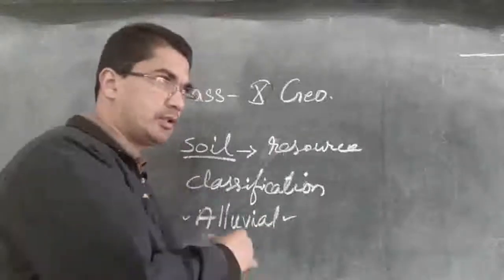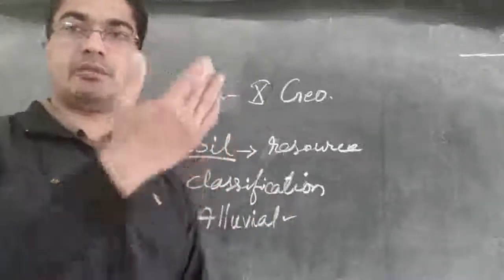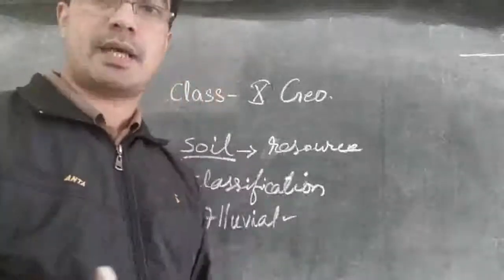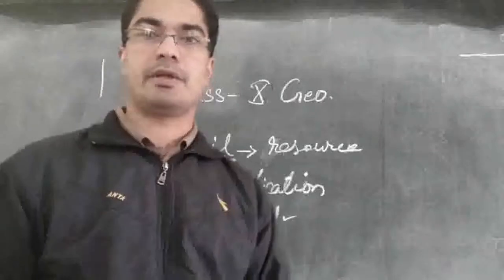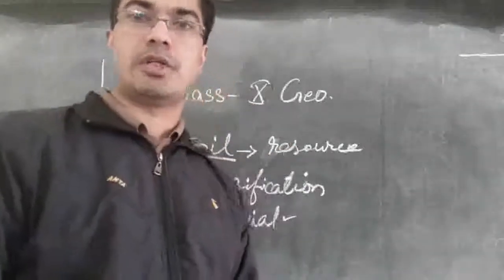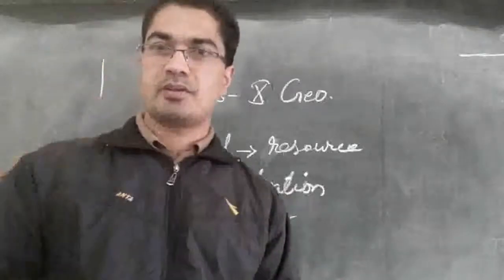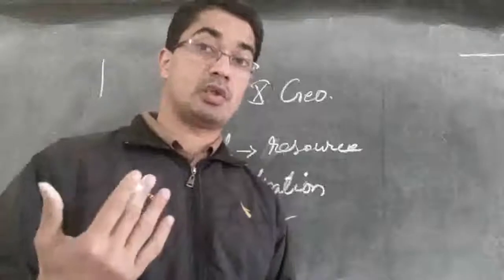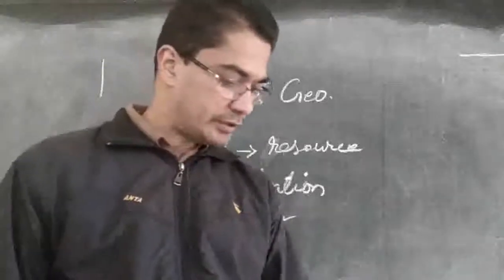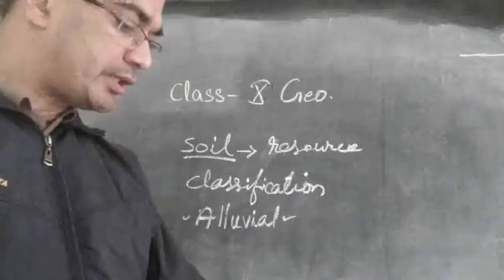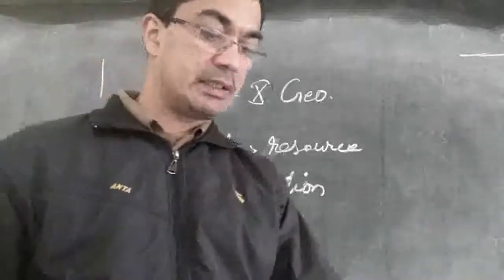So alluvial soil is formed by rivers flowing down from the mountain tops. They carry a lot of sand, silt, soil, clay, everything, and they deposit it at the mouth of the river, where it spreads, and that way the plain is formed, and that soil is very good for cultivation.